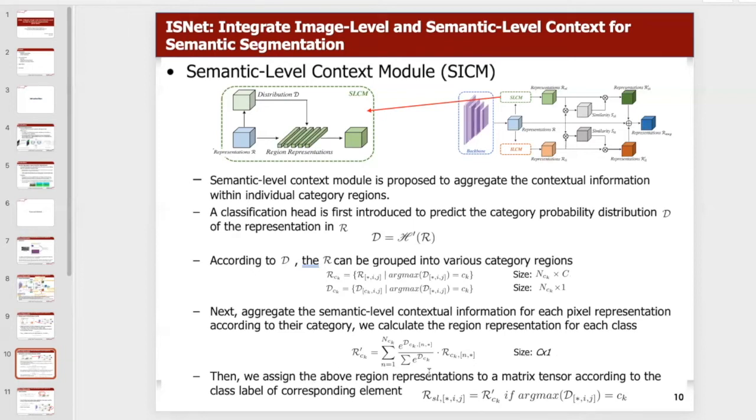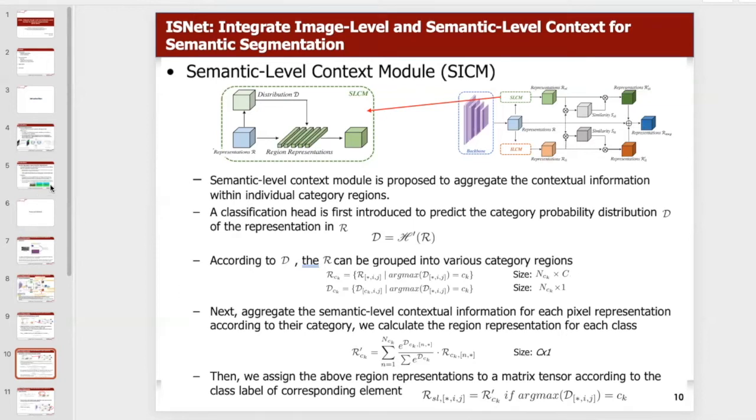And we will assign the above region representations to a matrix tensor according to the category label of the corresponding element. It is achieved by this formulation: if the category probability equals CK, then this region will be assigned the same value.